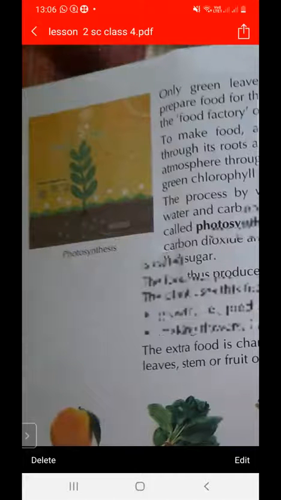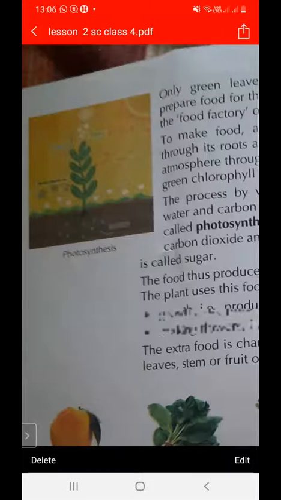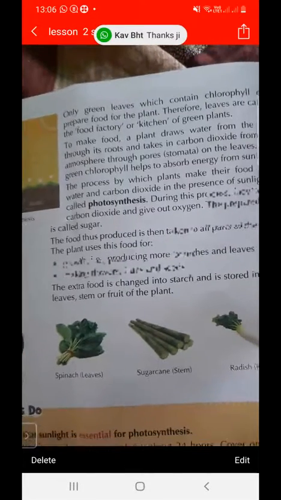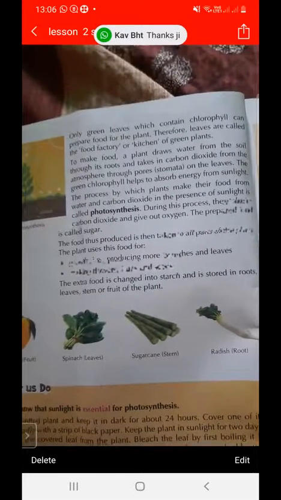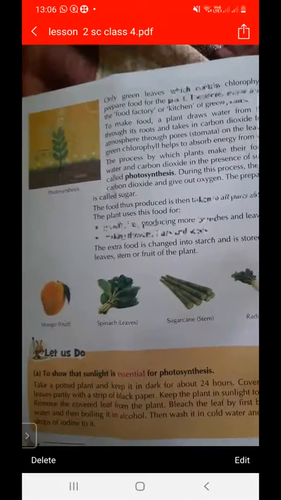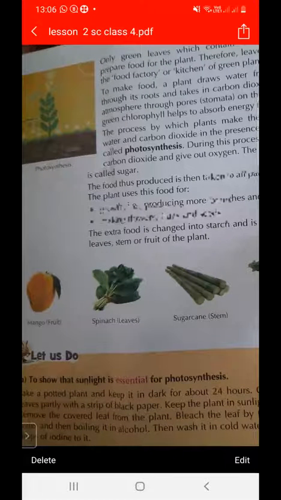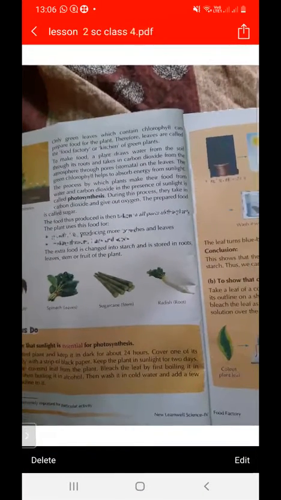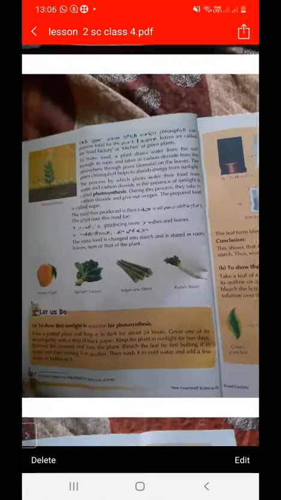And the extra food is converted into starch and stored in roots, leaves, stem, or fruit of the plant, as shown in the figure. In fruit, energy is stored; in leaves, such as spinach, extra food is stored; in sugarcane stem, food is stored; and in radish root, food is stored.